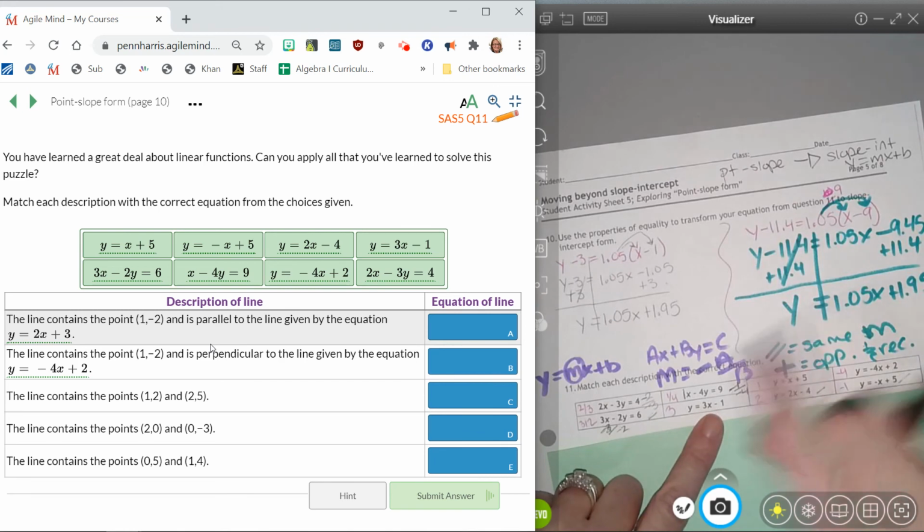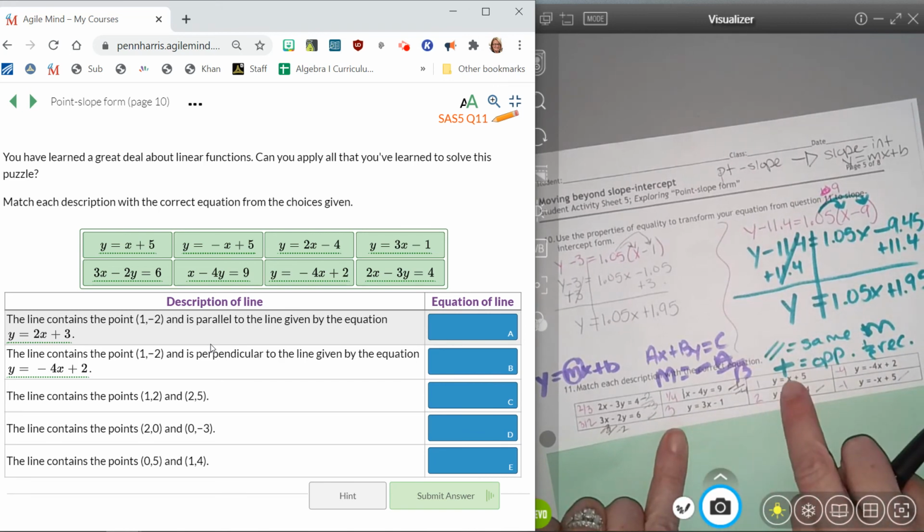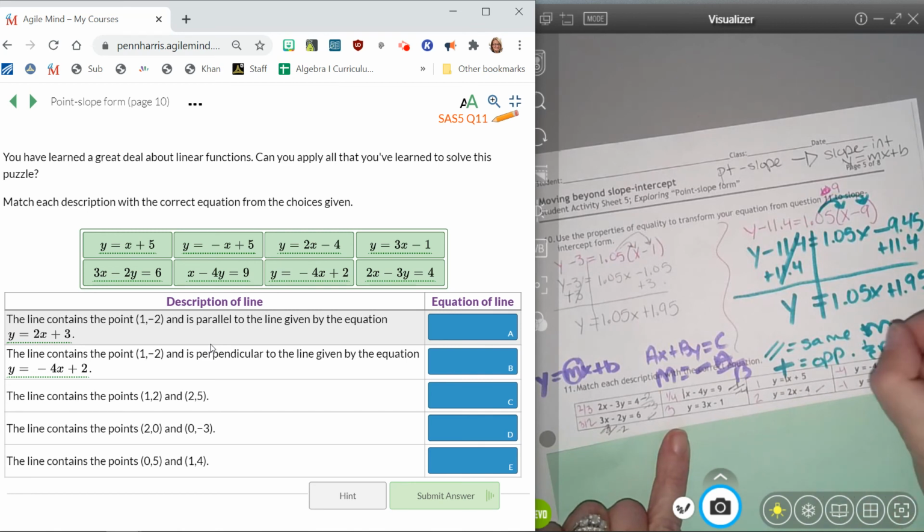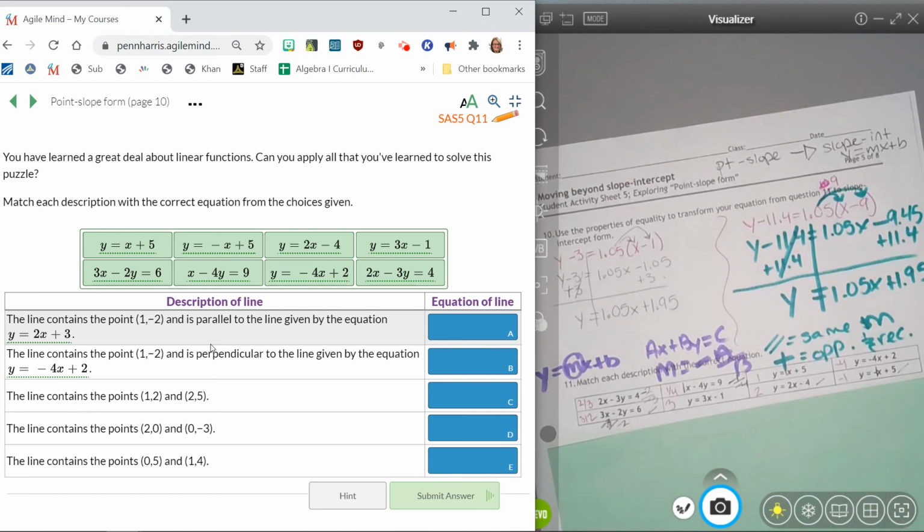This is in slope-intercept form. My slope is 3. My slope is 1. My slope is 2. My slope is -4. My slope is -1. Now that we've got all those, they want a line that contains the point (1, -2) and is parallel to the line given by the equation. So again, guys, parallel equals the same slope. So this slope is 2.